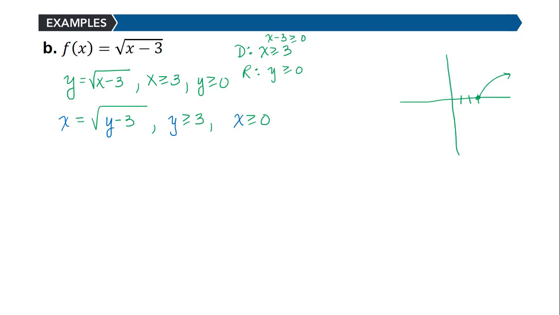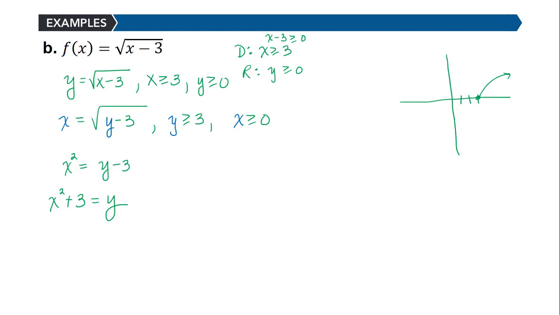So to solve the equation x equals the square root of y minus 3 for y, we need to square each side. This will give us x squared is equal to y minus 3. And now we can add 3 to get x squared plus 3 is equal to y.